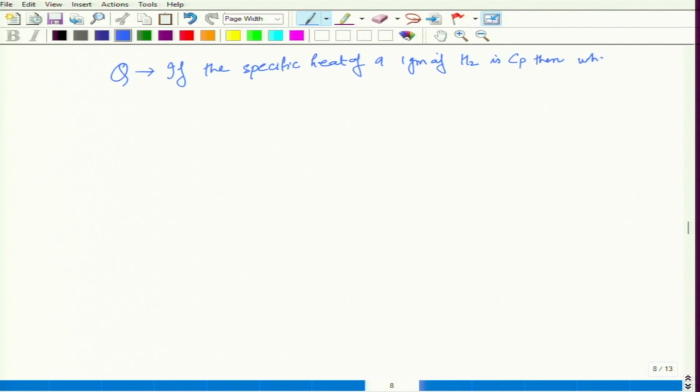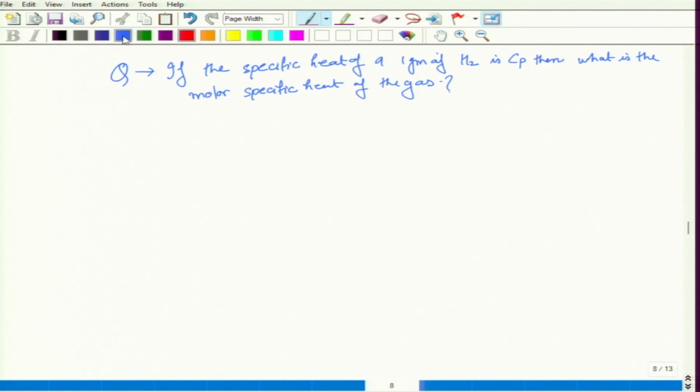Then what is the molar specific heat of the gas?